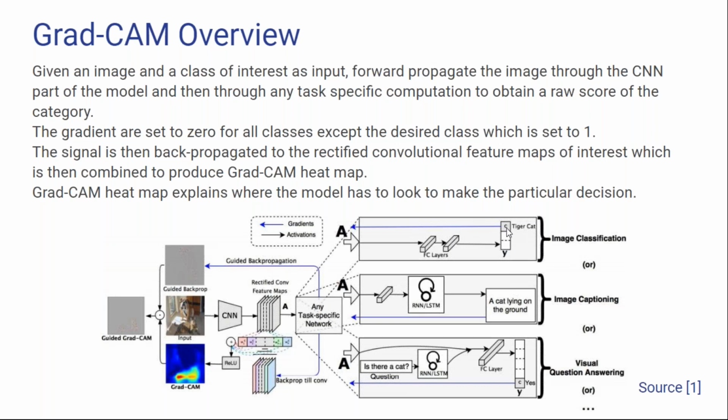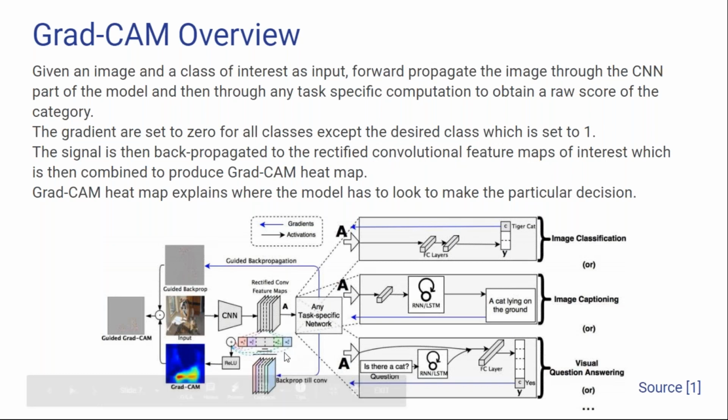You make that particular class 1 and the remaining 0, and then you do a backpropagation. The gradients are all set to 0 for all the classes except the desired class, and then the signal is backpropagated to the convolution feature maps.